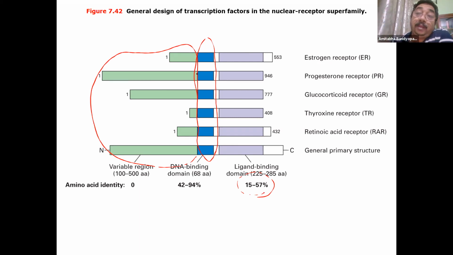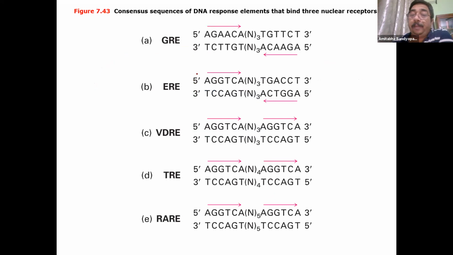And obviously the activation domains are very different from each other. We're talking about millions of years of experiments, and eventually we have this diverse array of nuclear hormone receptors. But all of them, if you look at their binding sites, the DNA binding domain, they have some kind of similarity.